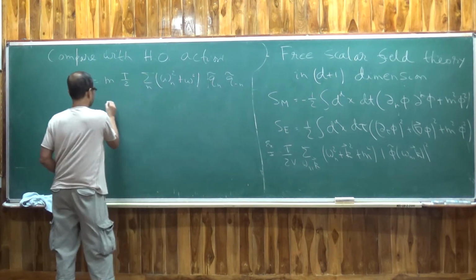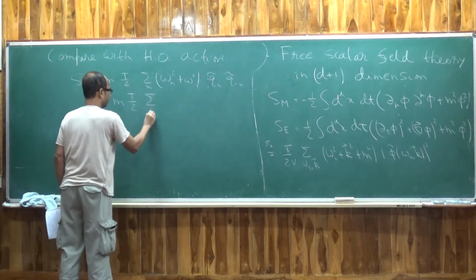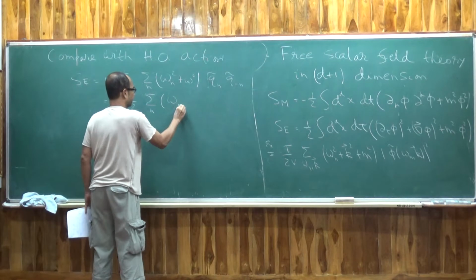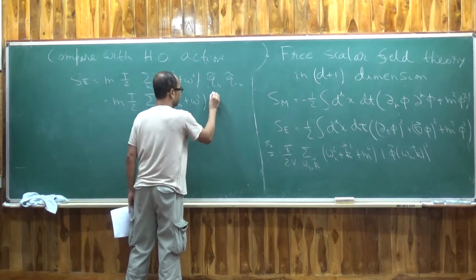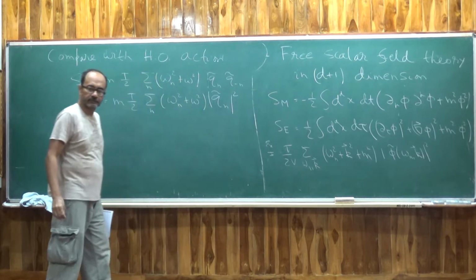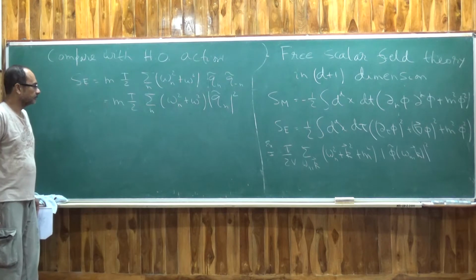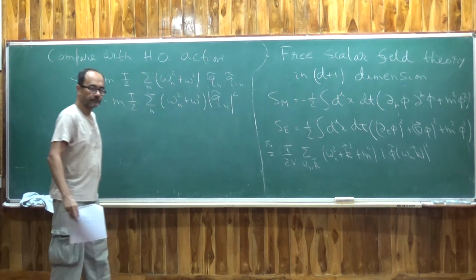But this I can also write as m β by 2 sum over n of (ω_n² + ω²) |q̃_n|², because this is the complex conjugate of q̃_n.